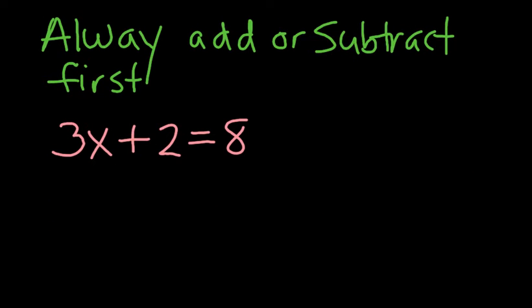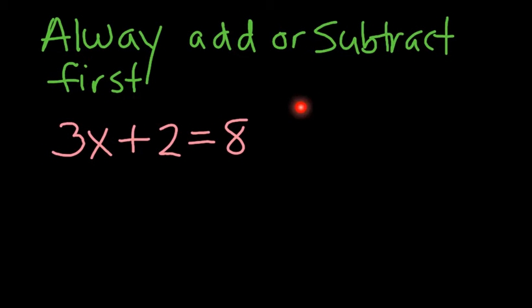Okay, so here's a combination equation. 3x plus 2 equals 8. Well, some people try to divide by 3 because you are going to divide by 3 at some point. And some people try to subtract 2 because you are going to subtract 2 at some point. But how do you know which one to do first?